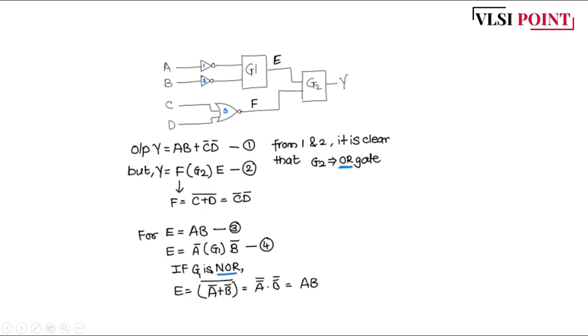If G1 is a NOR gate, just consider G1 as NOR, you are getting A bar plus B bar whole bar, nothing but A bar bar into B bar bar, which is AB. So G1 is a NOR gate, and it is very clear that G2 is simply an OR gate, because it is just doing the addition. So we'll see the answer: Option A.